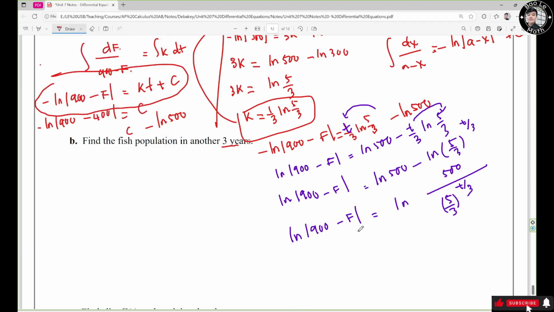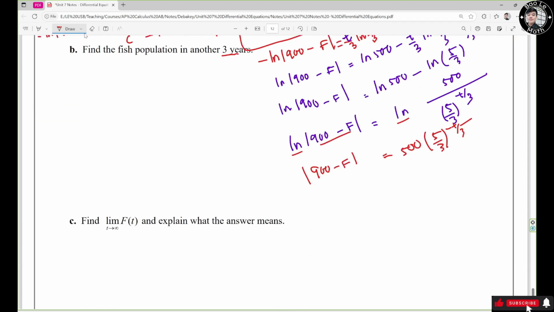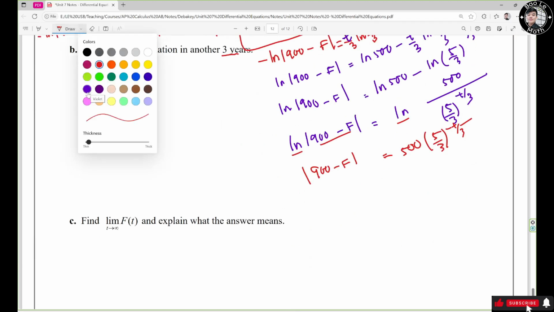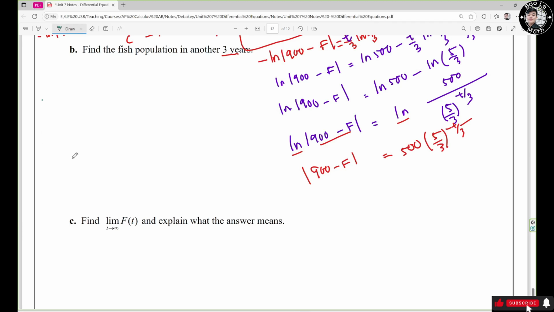Now both sides have the same natural log, so you can equate them. So it could be 900 minus f inside the absolute value equals 500. I need to bring this one to the top, so I need to change the sign of the power. So it could be times 5 over 3 raised to the negative t over 3. Now observe that the number of fish is getting smaller and smaller as time increases, so this is always positive.